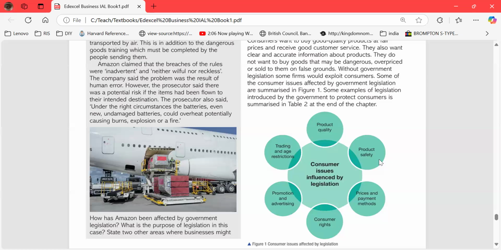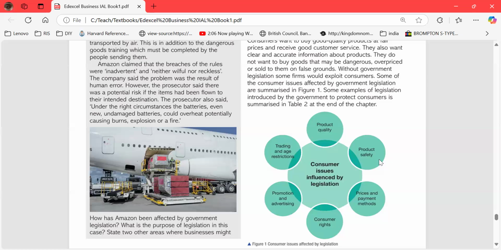These kinds of guidelines are very necessary, and these are not a luxury, right? There has to be legislation which will be monitoring whether these regulations are properly maintained or the instructions are there. So product safety is one of them.